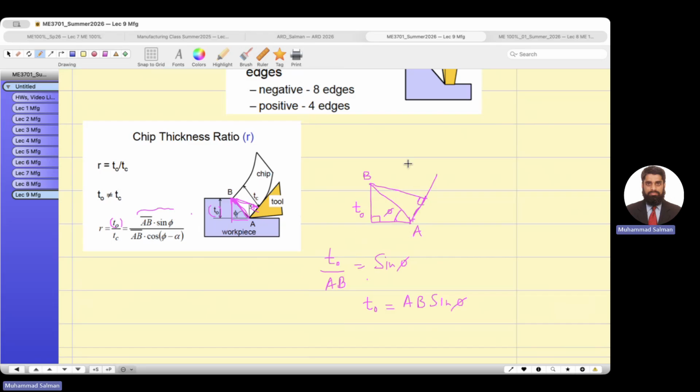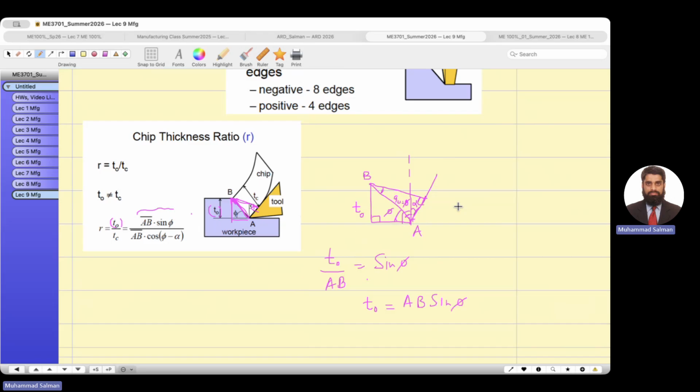Okay, so this is my alpha angle. And what is this angle? Take a closer look, this is 90 degrees. Agreed? This is 90 minus phi. And if this is 90 minus phi, what is this angle?